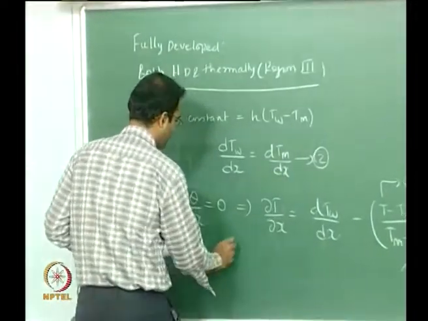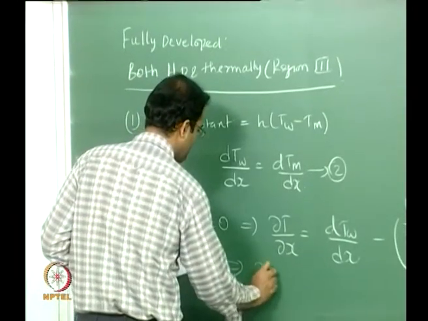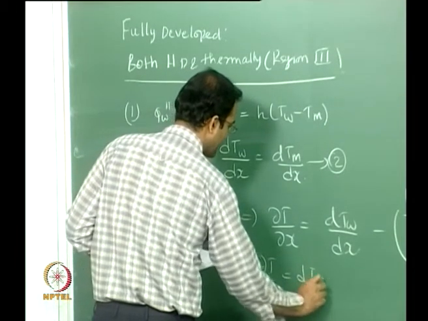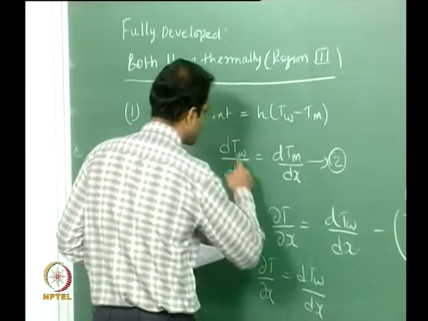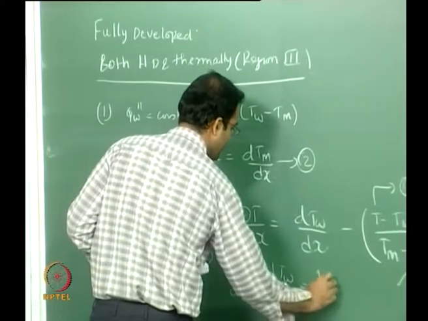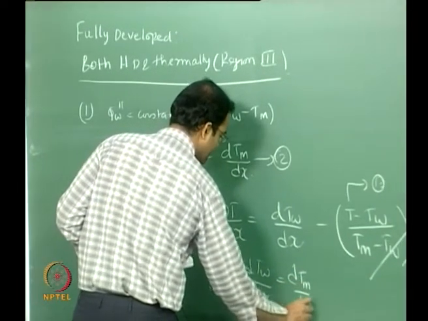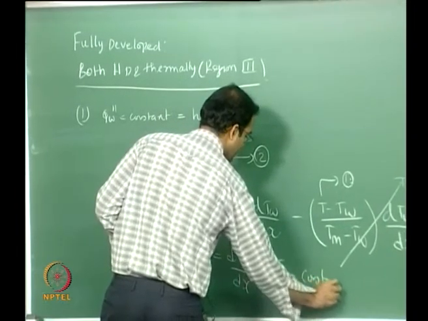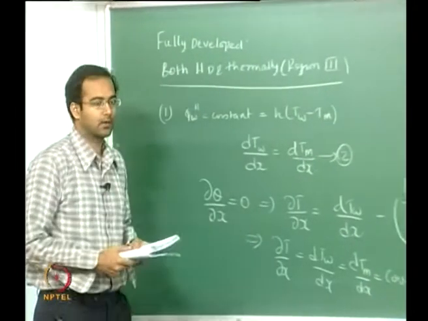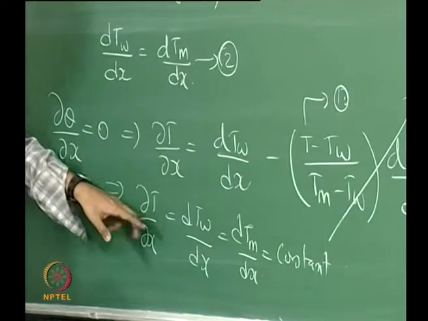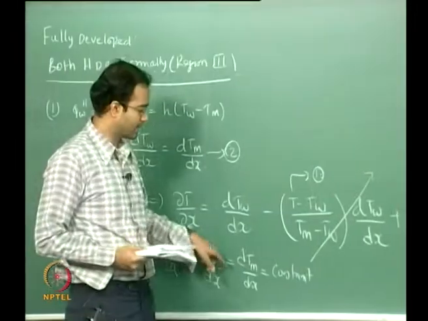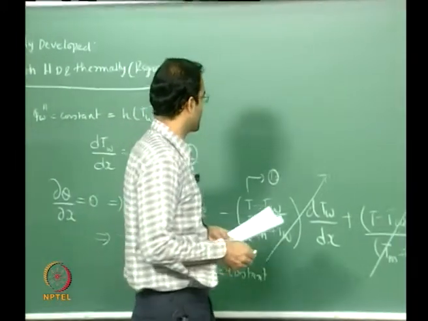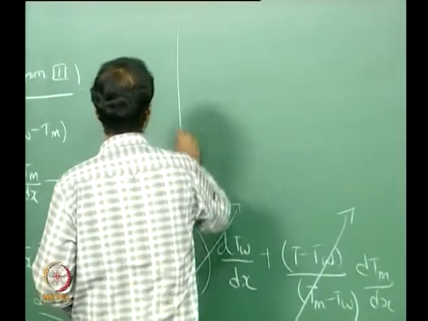Therefore you come to the conclusion that dT by dx should be equal to dT wall by dx, which in turn is equal to dTm by dx. We have seen that this is possible only if these are equal to a constant, because T is a function of both r and x, but these are only functions of x. The slopes can be the same only if this is equal to a constant.